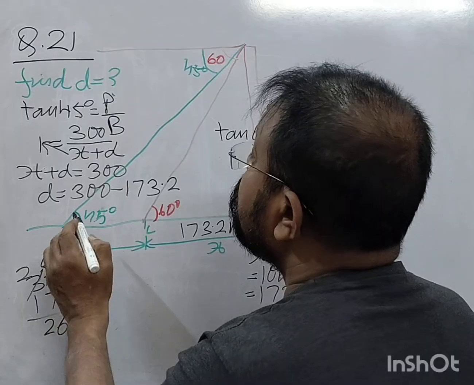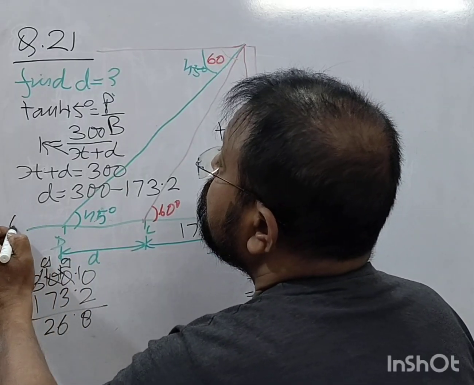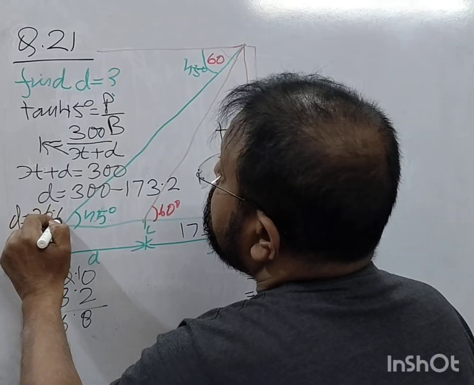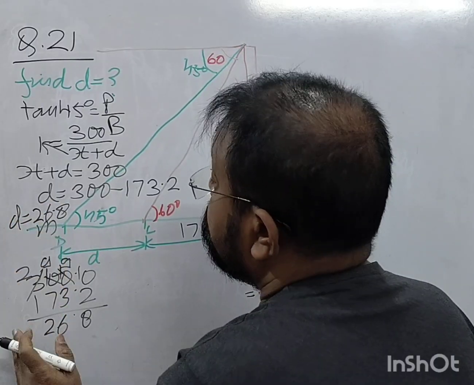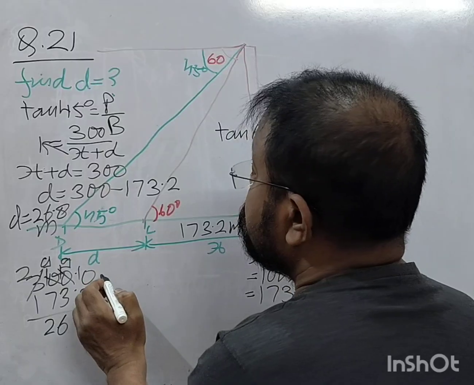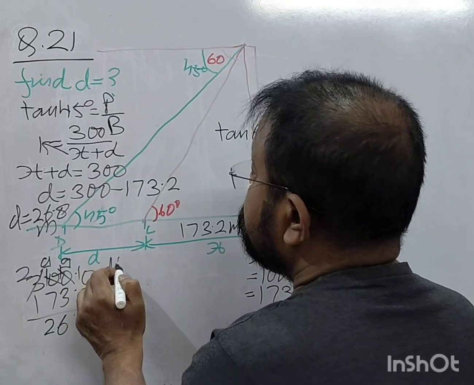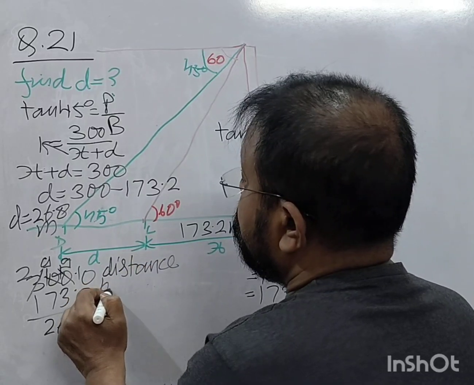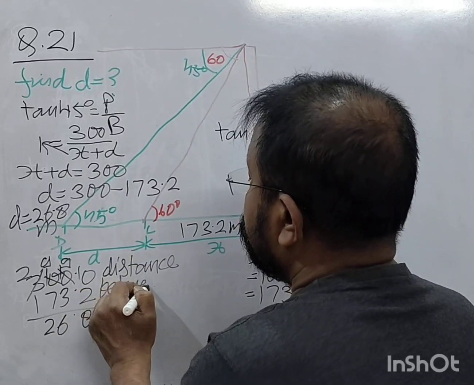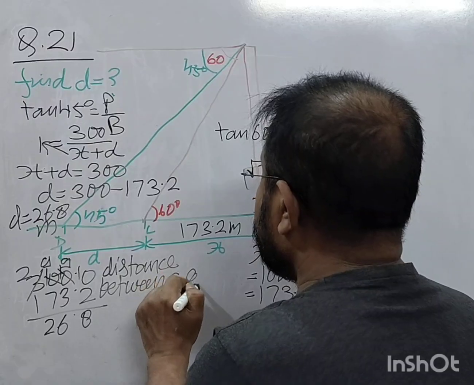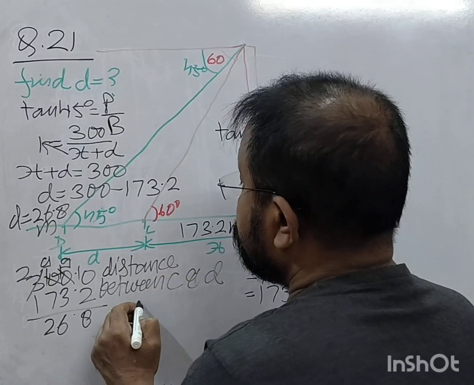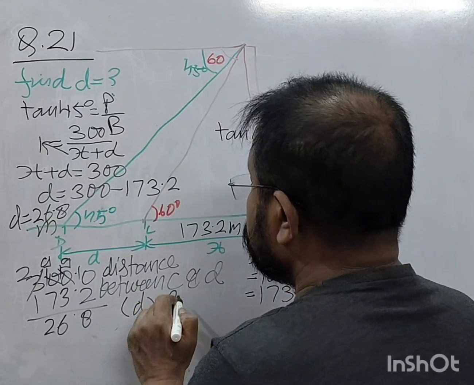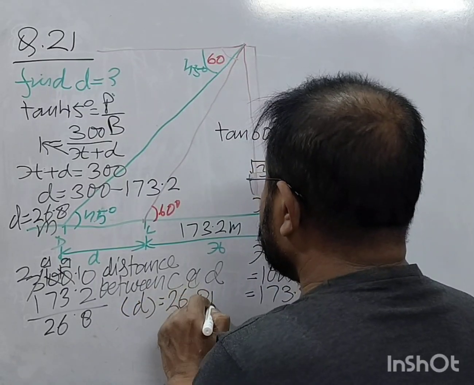So we get d is equal to 26.8 meter. So distance between C and D, that is d, is equal to 26.8 meter. What is your answer?